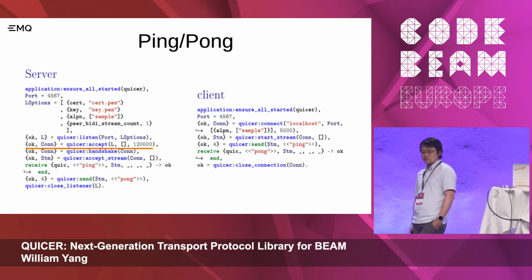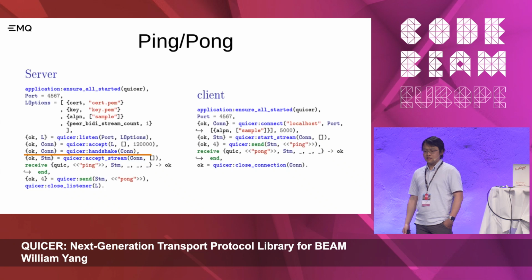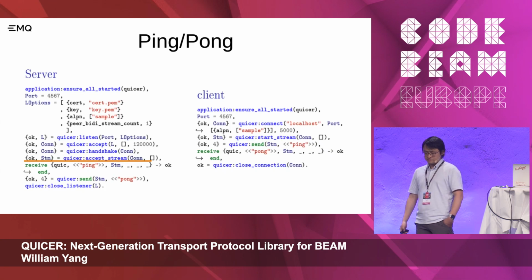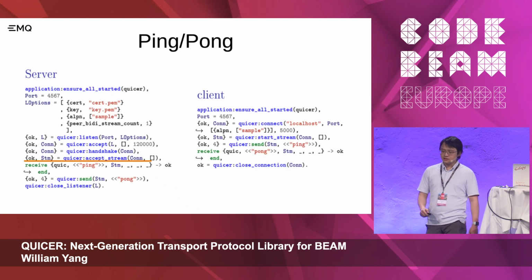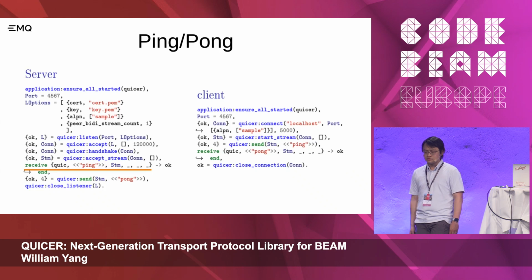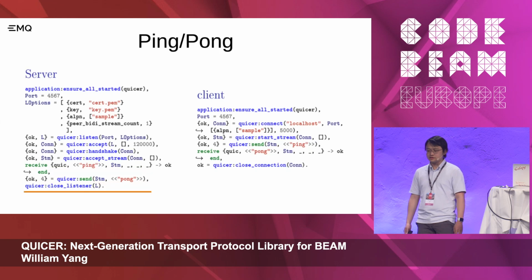Then you switch to handshake if you want to continue handling this connection. After the connection is established, you can accept new streams on it. If the client side initiates a new stream, you get a notification and a stream handler. Then you get QUIC messages from the remote, and you can send a pong message and close the listener.